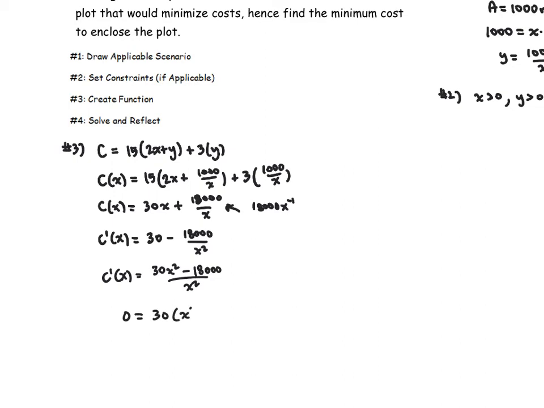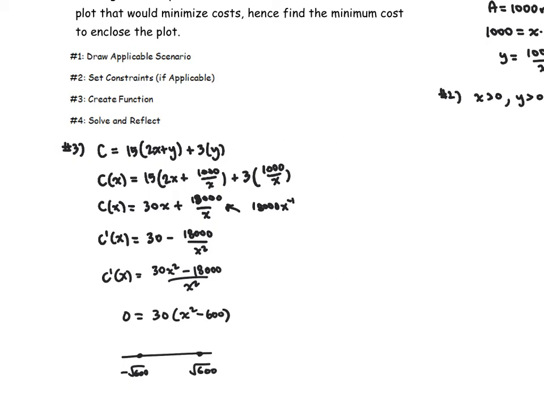So I'm going to factor out a 30, and I get this. This is relatively simple to work with, right? If I were to solve this, I would get two critical values: positive and negative square root of 600. Clearly I know that x cannot be negative.